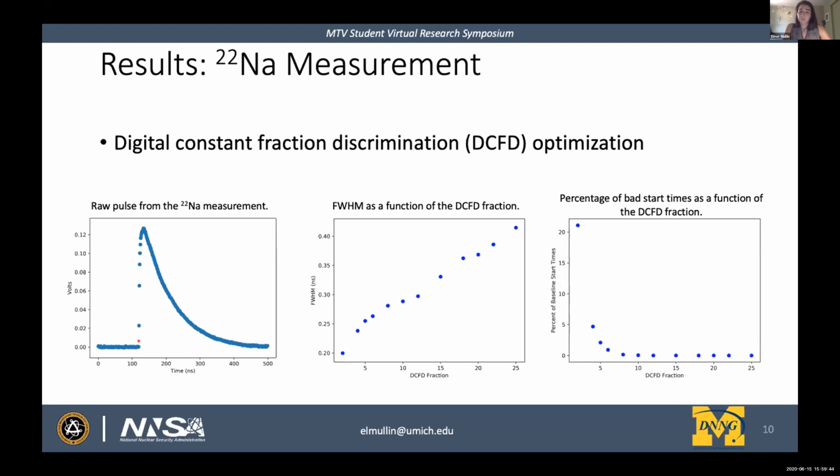Because we're measuring the timing of these pulses, we need to figure out when our measured pulse actually starts. For this, we use digital constant fraction discrimination, or DCFD, and we need to optimize this fraction. If you look at the plot on the bottom left, this is a raw pulse from one of our sodium-22 measurements.